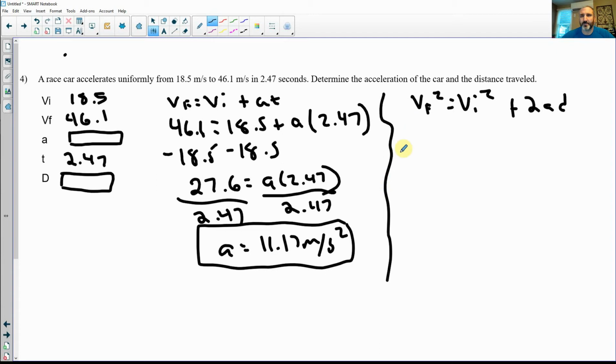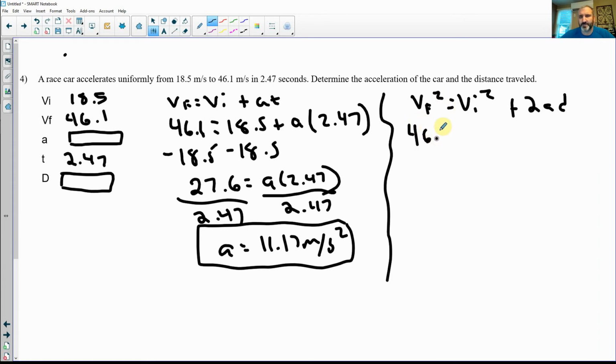I think that's a good one. You could do it another way, D equals VI minus VF over 2 times T. You might be able to get away with that one, but I'm just so used to using this. Let's give it a shot and see what happens.